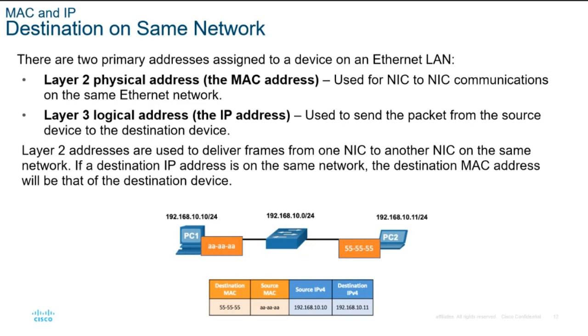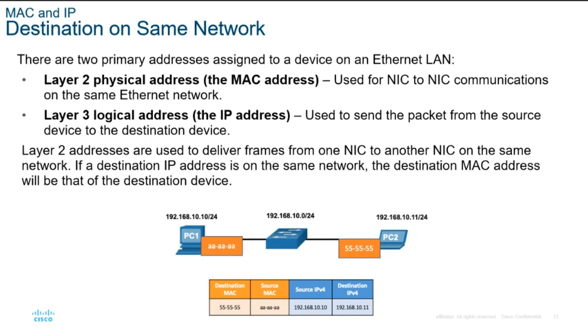If the destination IP address is not on the same network, the destination MAC address will be that of the default gateway. Ganito sa ating example, we're using simplified MAC address representations. PC1 wants to send a packet to PC2.